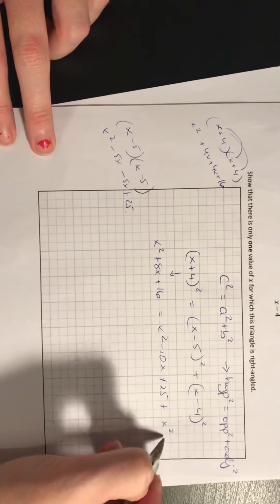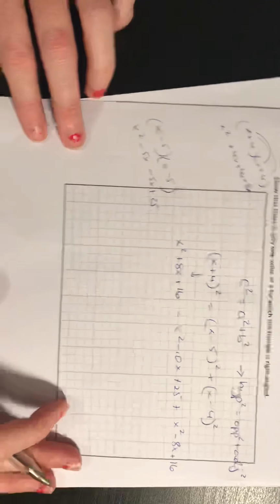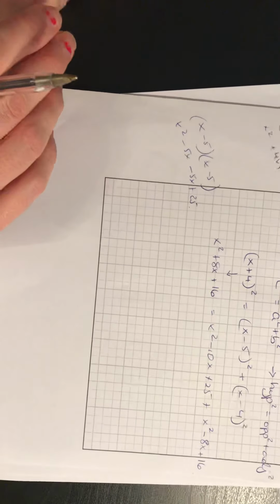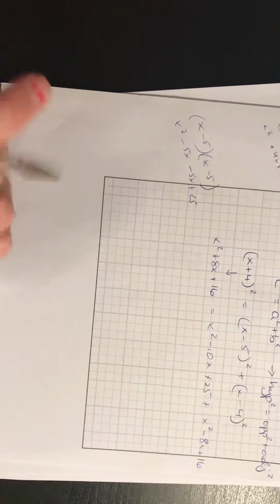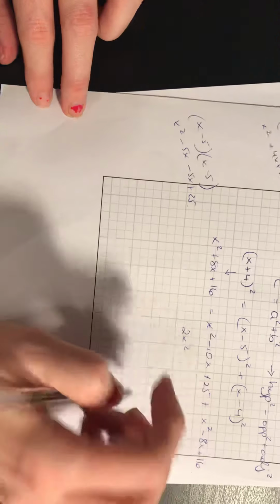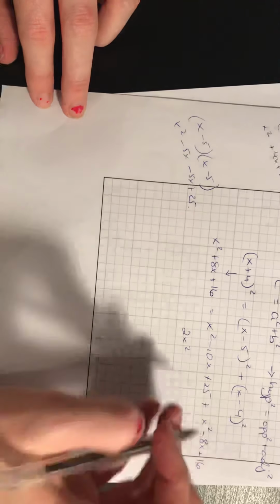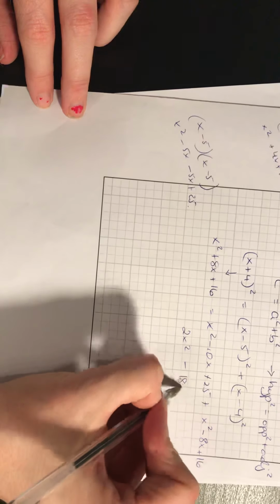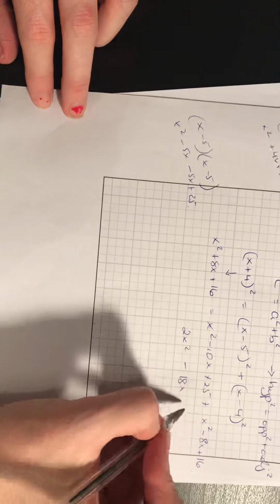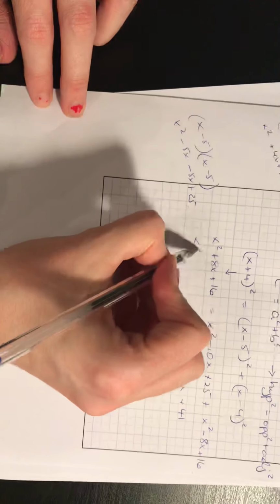You'd end up with x squared minus 8x plus 16. Okay, looks pretty long, but I bet I can clean this up a little bit. We have an x squared and an x squared here, gives me a 2x squared. A minus 10x and a minus 8x gives me minus 18x. 25 and 16 gives me 41. And my left hand side looks like this.